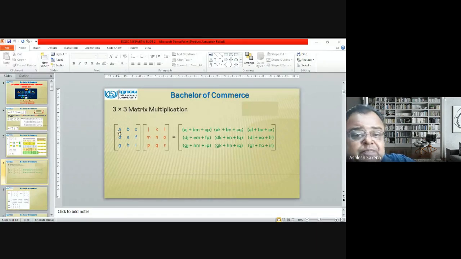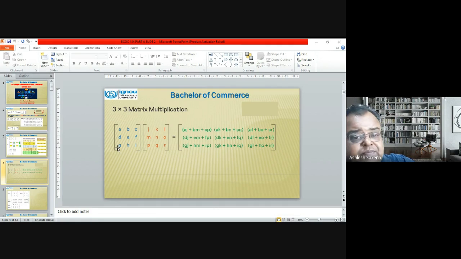Third element, this row being multiplied by this column. That means A into L plus B into O plus C into R. Here it is. Similarly, for the second row, these elements have to be multiplied by these elements. Then these elements by this. Then this by this. This is the second three elements of the second row.